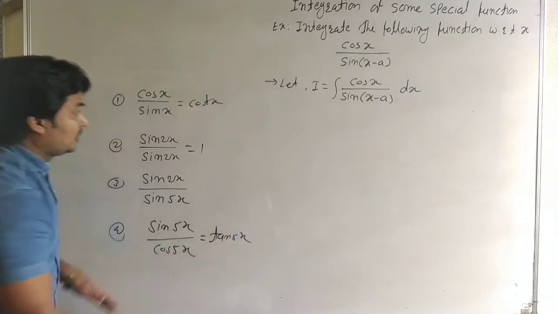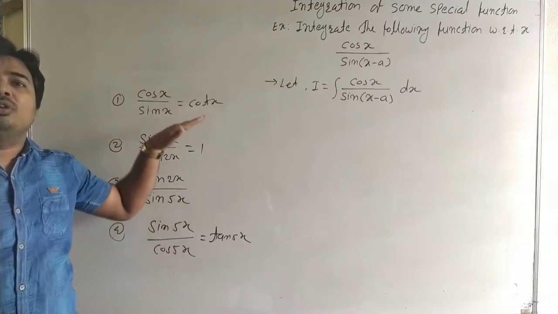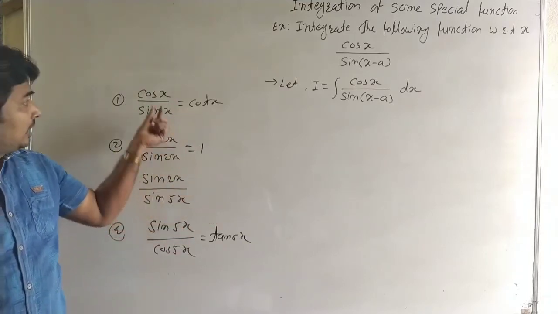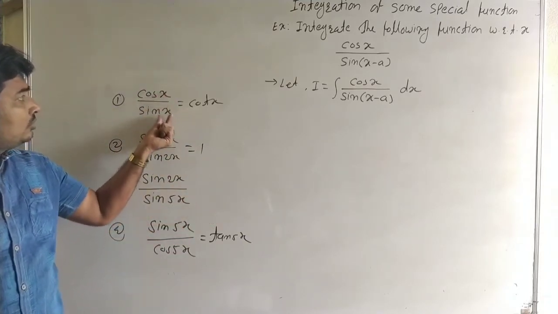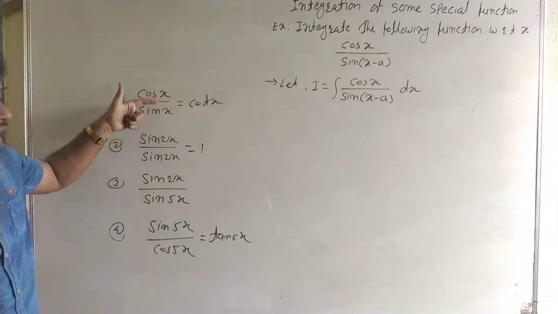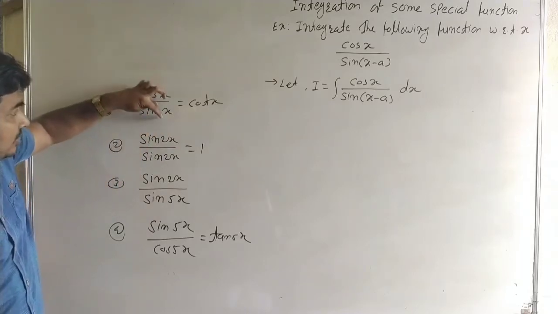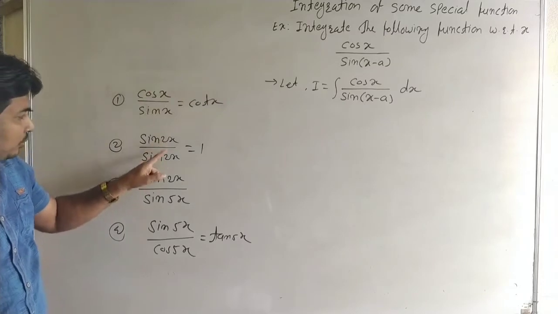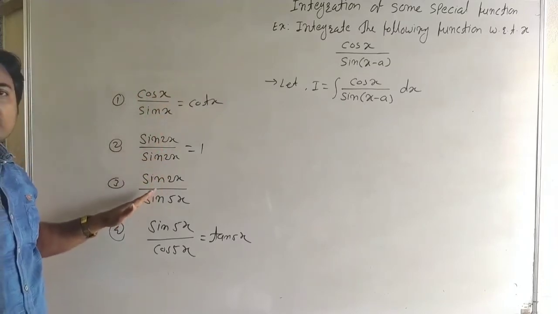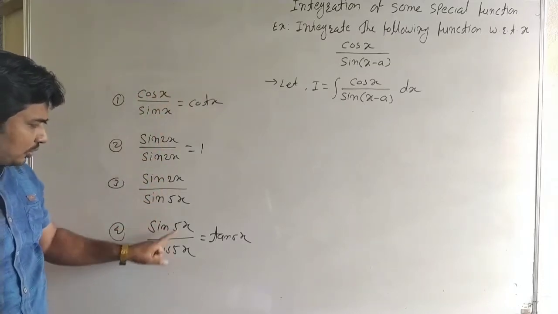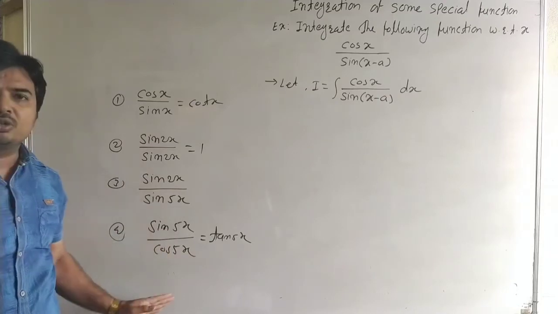Here the calculation of these two trigonometric functions exists if the angle is the same. Here x, we can write cot x. Here sin 2x and sin 2x both get cancelled, or sin 5x upon cos 5x, the angle is the same, the ratio is tan 5x.